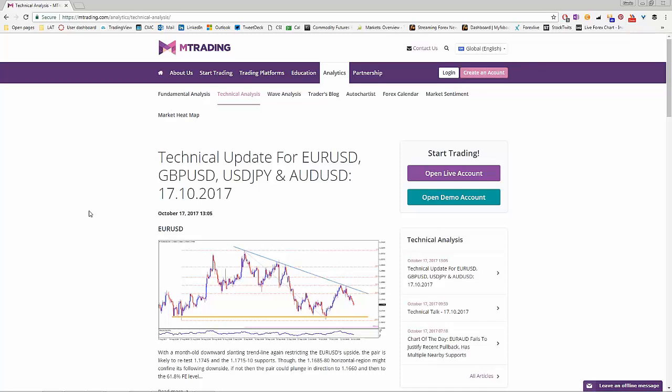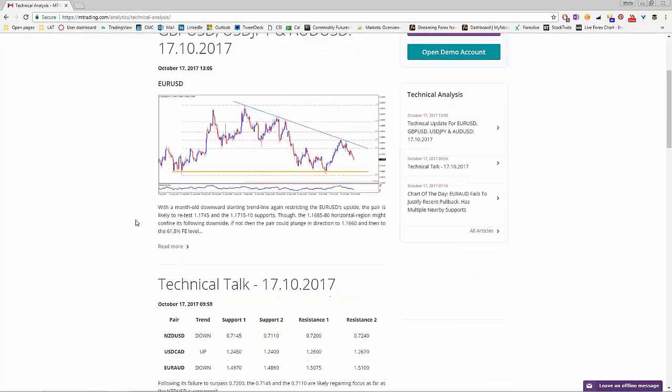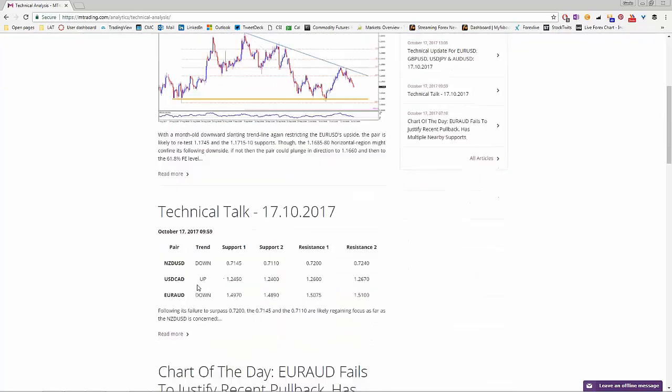We cover important assets along with important levels that are being respected most recently. So these are current assets that you should be looking at to trade. And we go into detail in regards to their support levels and resistance levels. So what are the key numbers to be aware of?